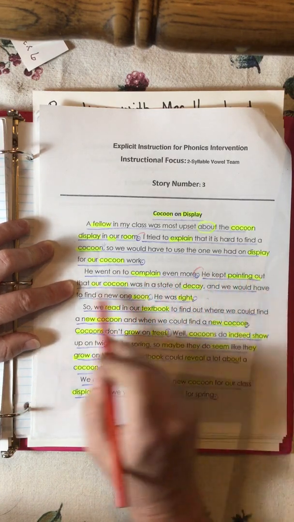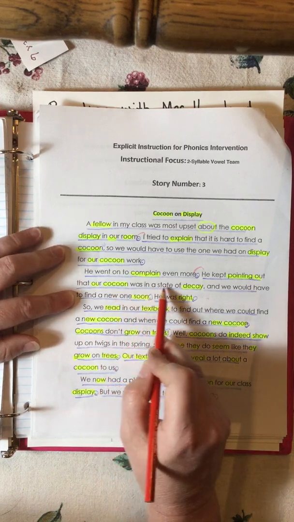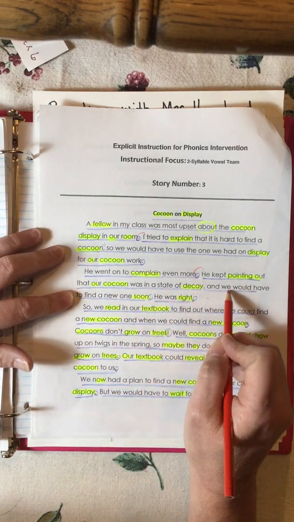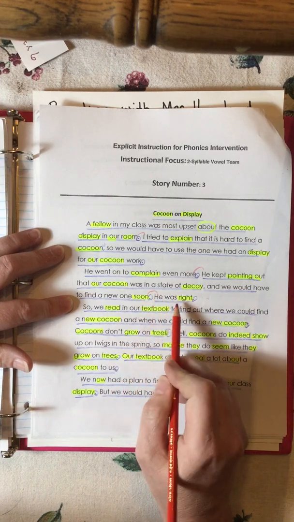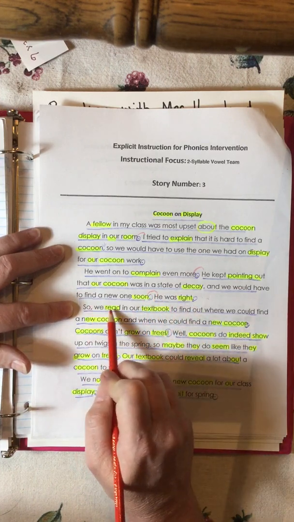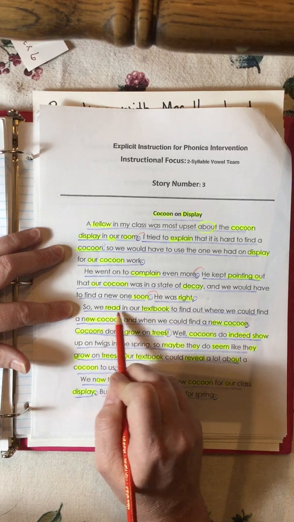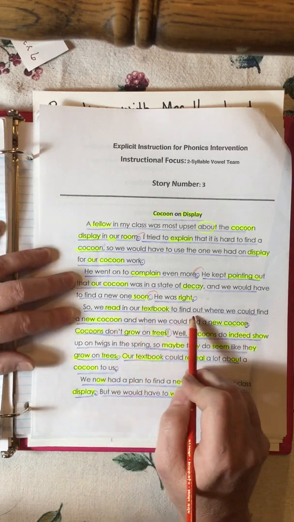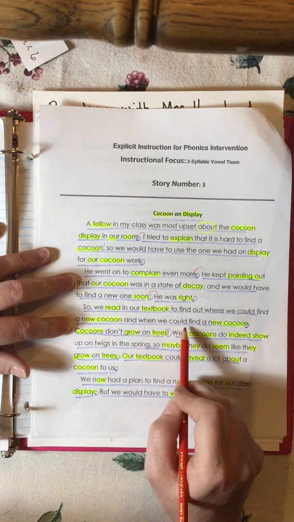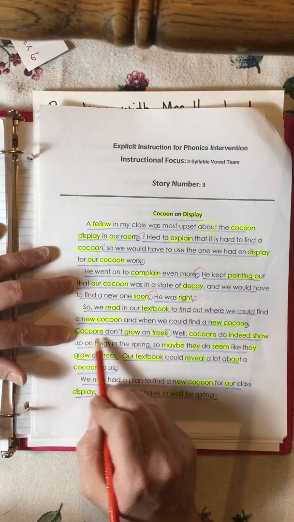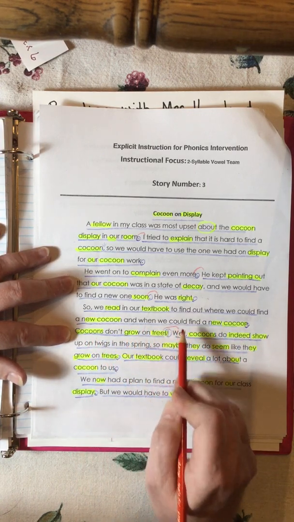He kept pointing out that our cocoon was in a state of decay, and we would have to find a new one soon. He was right. So we read in our textbook to find out where we could find a new cocoon and when we could find a new cocoon.